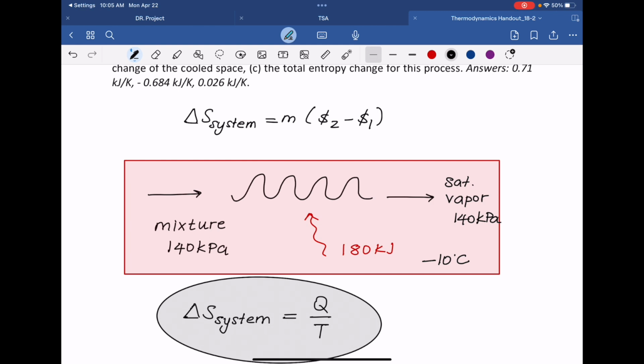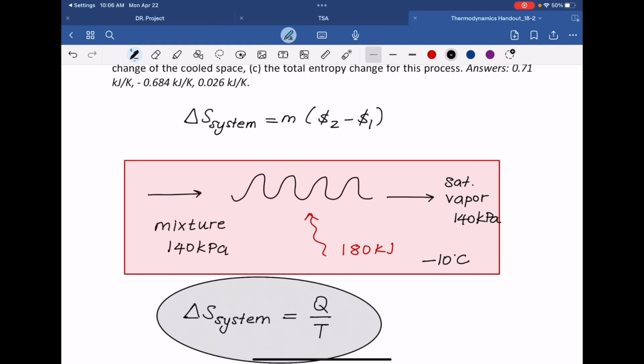First of all, this is a phase transformation. It is happening at 140 kilopascal. If the mixture becomes saturated vapor, it has to be happening at a constant temperature, because phase transformation at a constant pressure has to be happening at a constant temperature, for the evaporator, not for the surrounding.